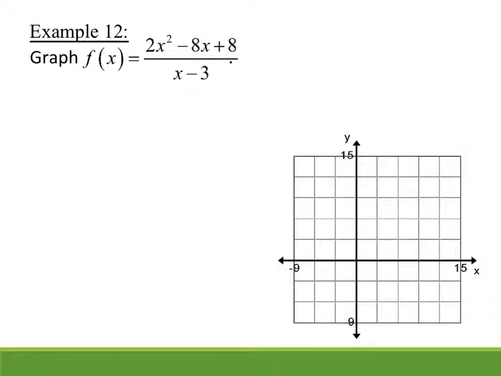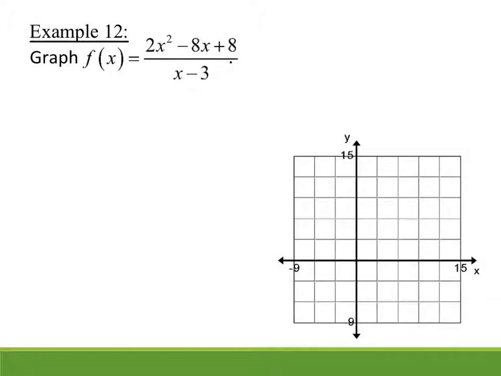Here we have example 12, x squared minus 8x plus 8, and we want to graph this thing. And we see we have an x squared and an x minus 3. So in this case, we're probably going to have a slant asymptote where we have to divide the x minus 3 into the numerator.